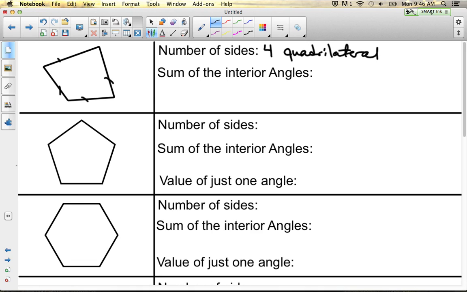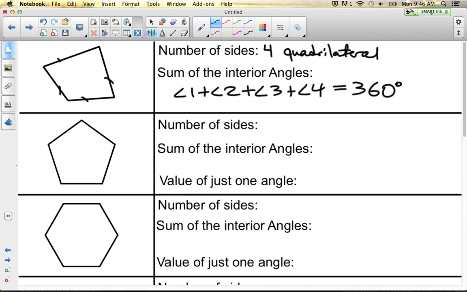And how do I find the sum of the interior angles of a quadrilateral? Well, I thought we already knew that. That was a theorem. Angle 1 plus angle 2 plus angle 3 plus angle 4 is always equal to 360 whenever we have a quadrilateral.